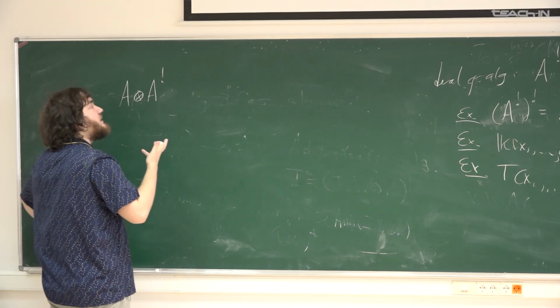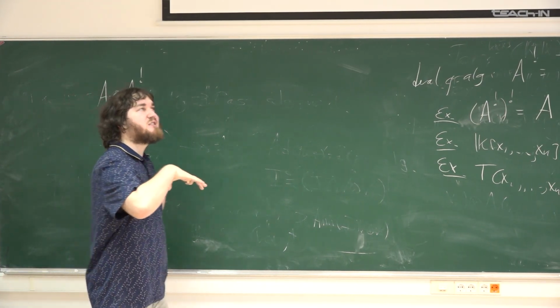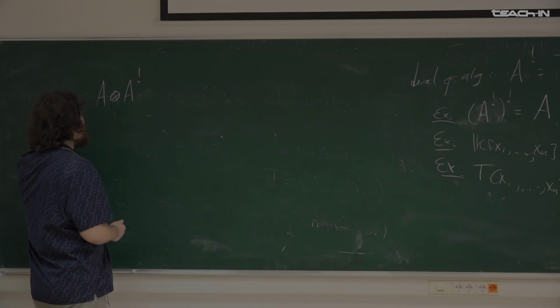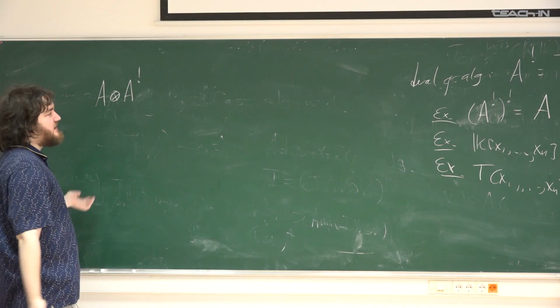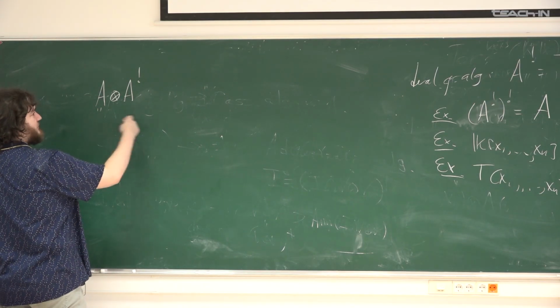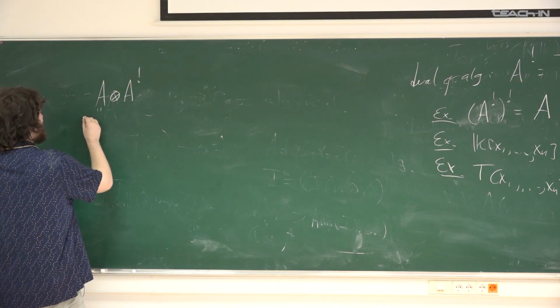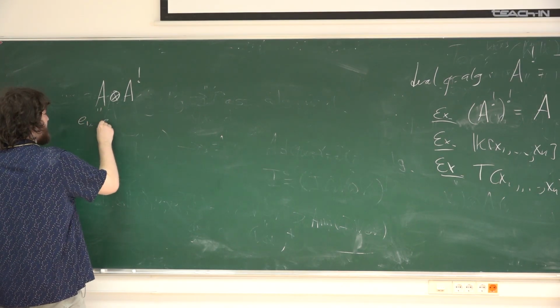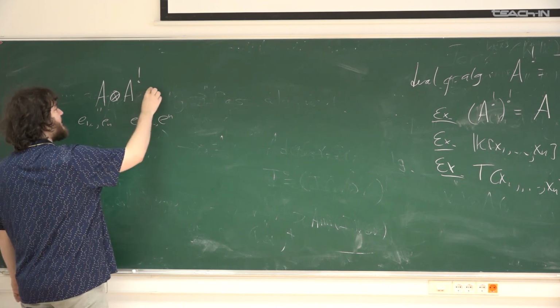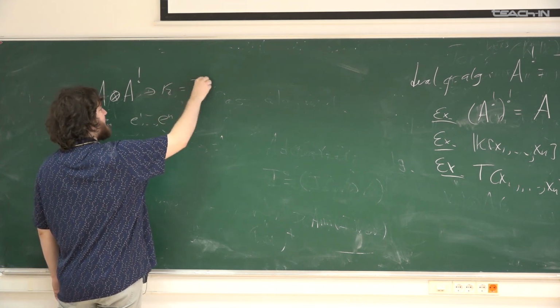So as always, if you have a duality, you can consider, for example, in coordinates, a basis of your V here, and the dual basis here. Then the Casimir element is something like this, as always.